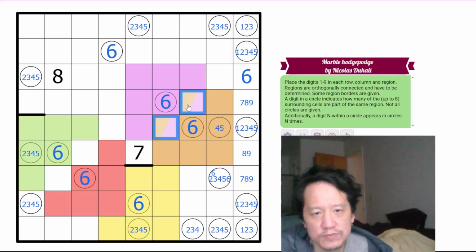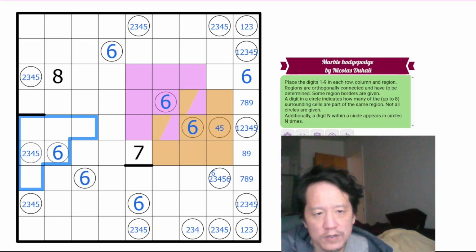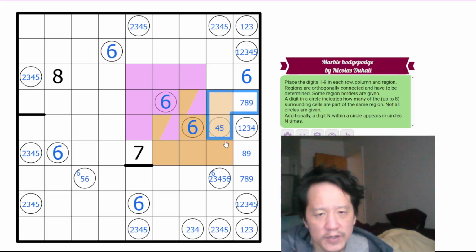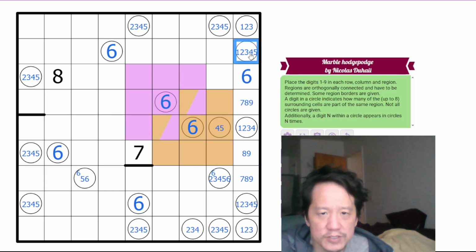One of these two is, remember, part of orange. So that would not work. So first of all, then, this cannot be 5. Can this be all part of the same region? Maybe. So this is either 5, which would force this to be 3, or this would be 5, which would force this to be 3 here. So 3 cannot be in the rest of column 9. It has to be one of these 2 digits here.